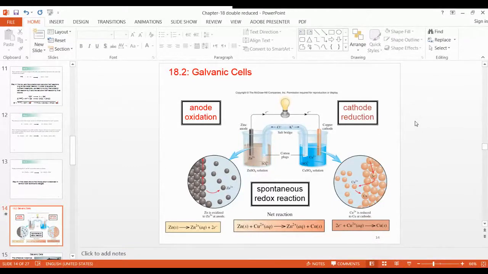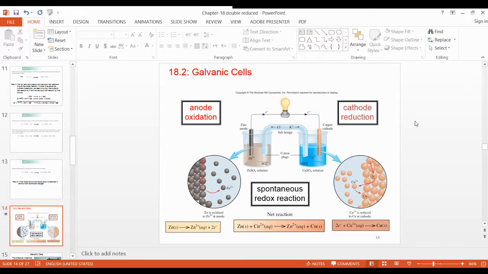Anode and cathode, you will decide on the basis of reduction potential. If reduction potential is 0, that we consider as the hydrogen electrode. If it is above 0, it means positive electrode potential, that is where reduction takes place. If it is less than 0, it means negative reduction potential, meaning oxidation takes place.